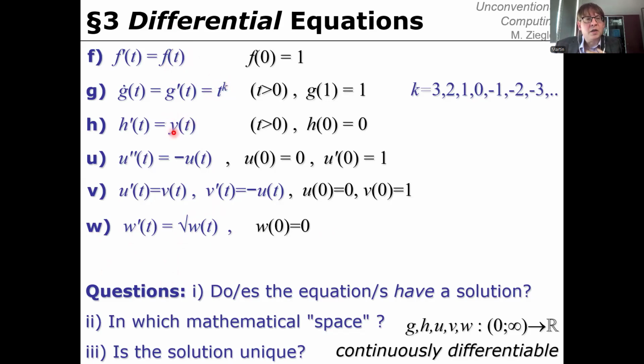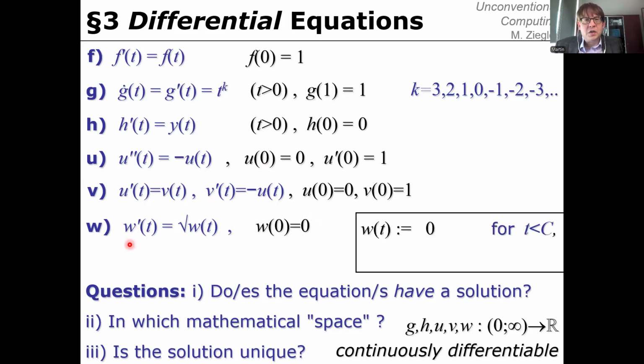This was y, independent of h. This is linear. This is a system of linear equations. But here suddenly we have a nonlinearity, a square root. And that's where things start to get messy, because even if we impose an initial condition, this single differential equation suddenly starts to have infinitely many solutions.